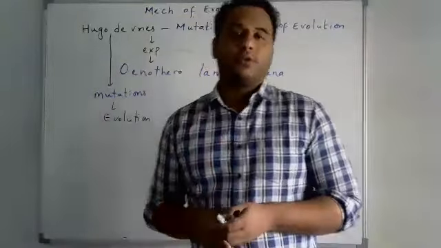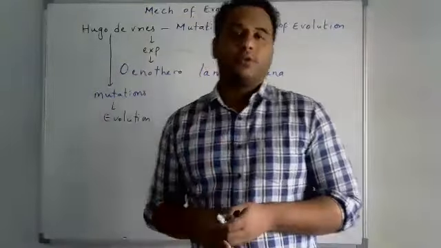First one is stabilizing selection. Let's take two extremities in any geographical region. Let's point out E1 and E2 as the two extremities in that environment, and the central point is the mean value.